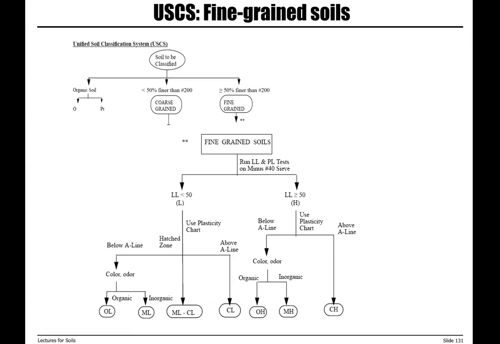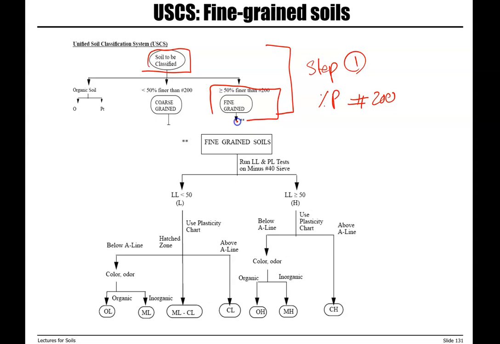So this is the chart for classification of fine-grained soil, where from step 1, by looking at percent passing from sieve number 200, we decided that more than 50% is passing through sieve number 200.